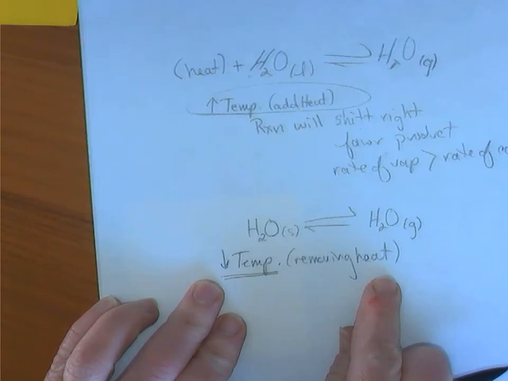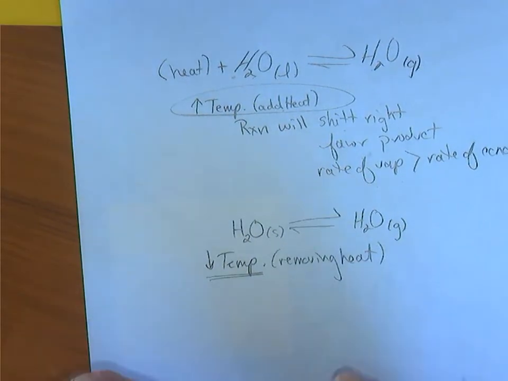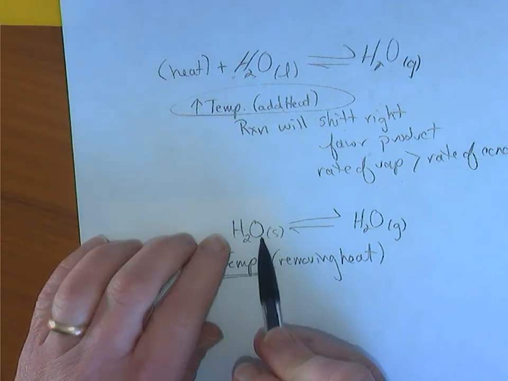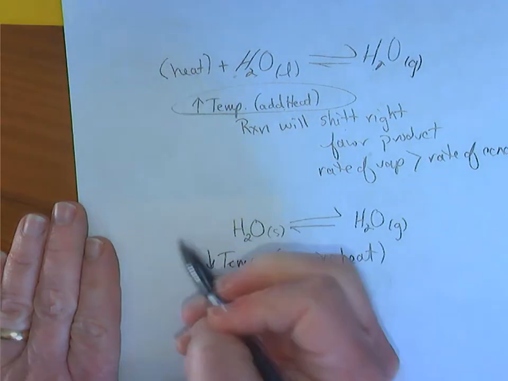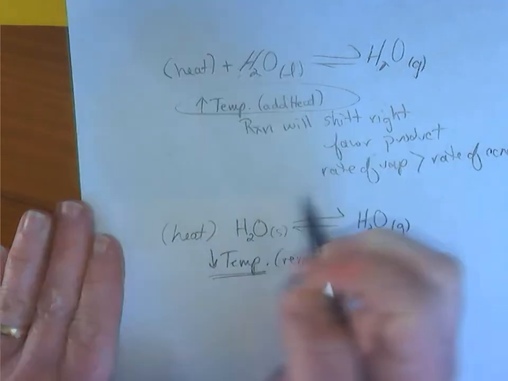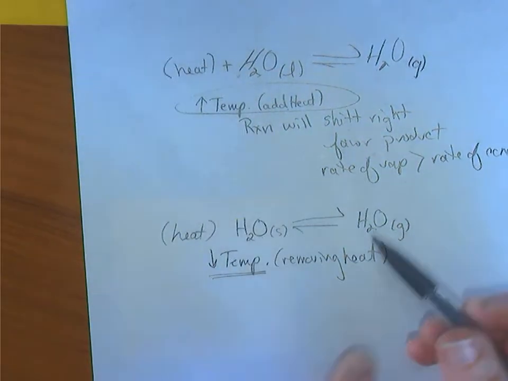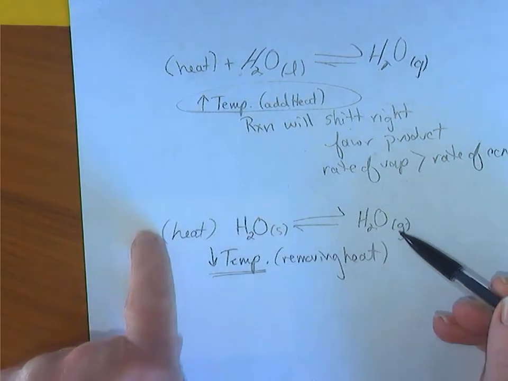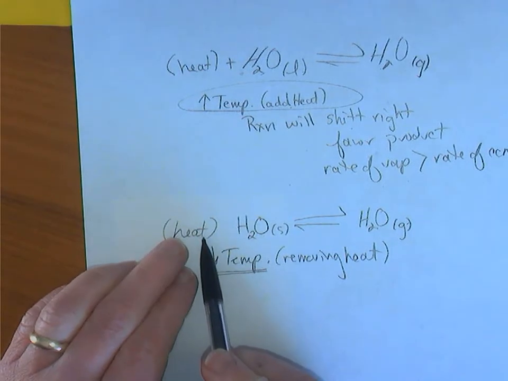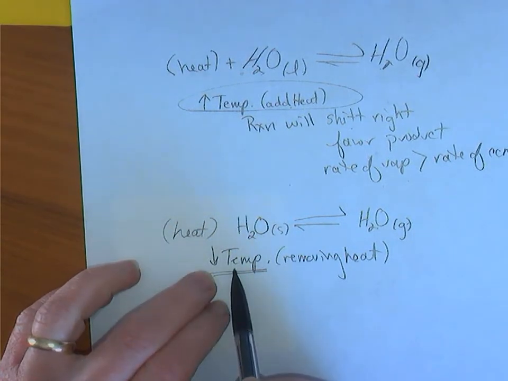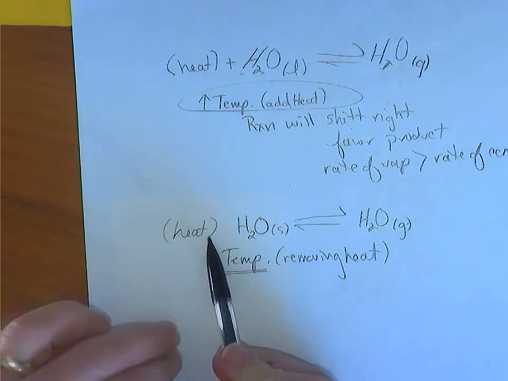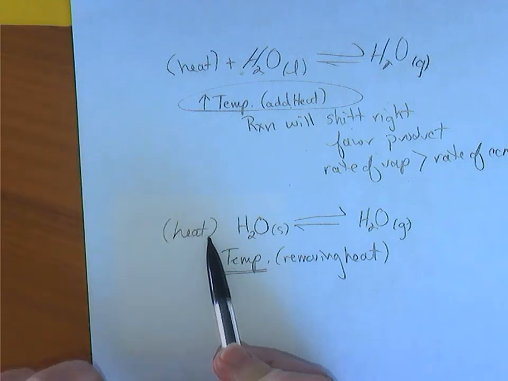So what direction do we need heat? Solid to go to gas. Oh, we need heat for solid to go to gas. In the opposite direction, we're releasing. So if we are decreasing temperature, it's almost like we're removing product.